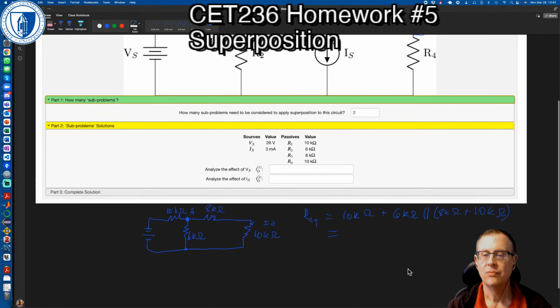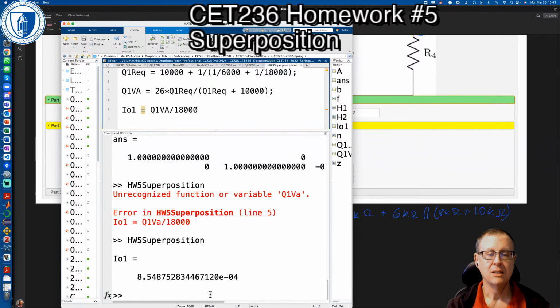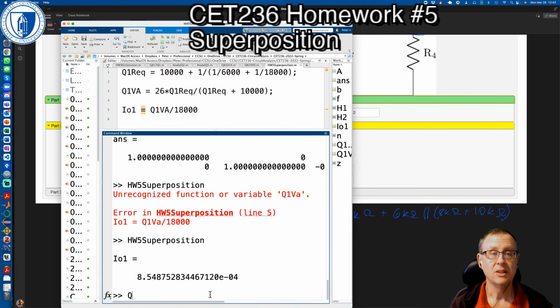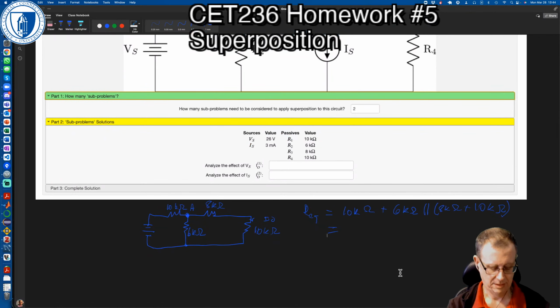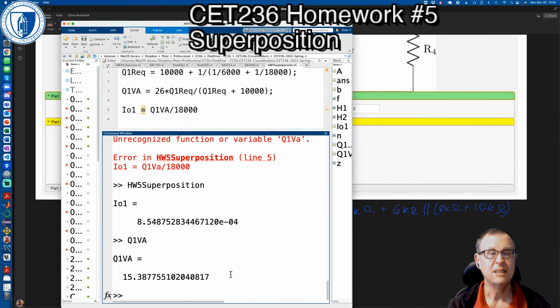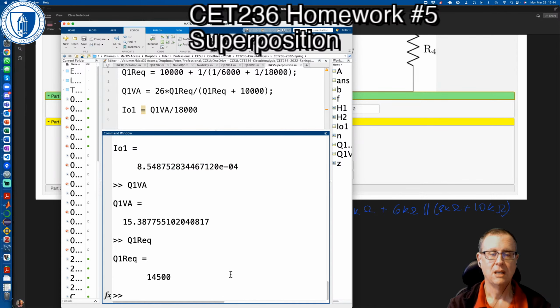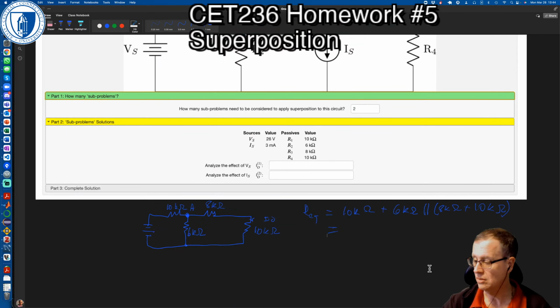Right, so what did we get? Actually, let's just go back and grab the Q1 VA is 15.39, and actually let's get the Q1 rec. That's 14,500 ohms, right?